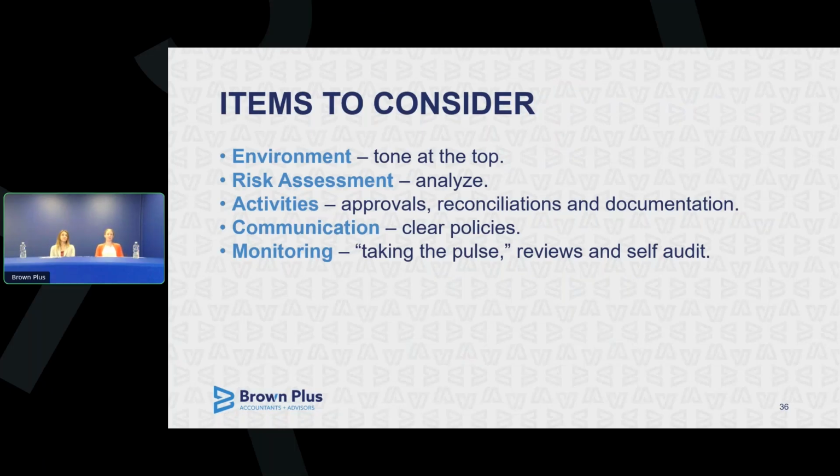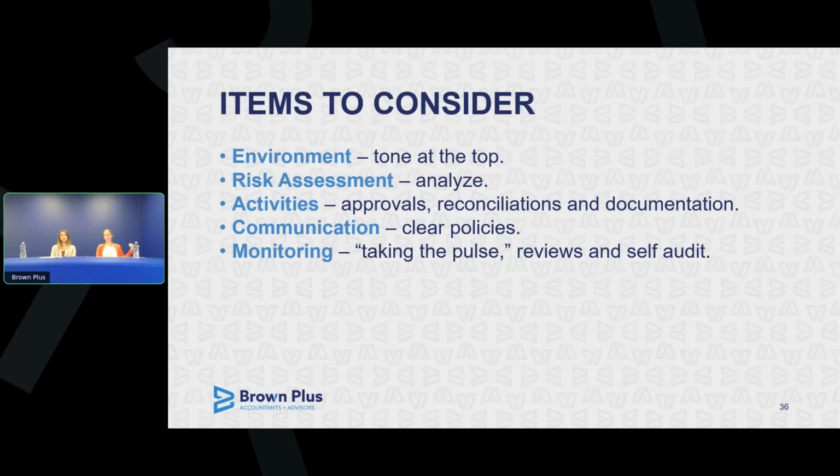We're big on documentation, and you can get a little creative with that. It doesn't always have to be a physical signature. There are electronic options now, like emails, but how you document that review and approval is key as well, because it goes back to that protection, that you have a paper trail of what you did, how it was done, who was doing it, and that it was occurring. So documentation, I think, is a big key.